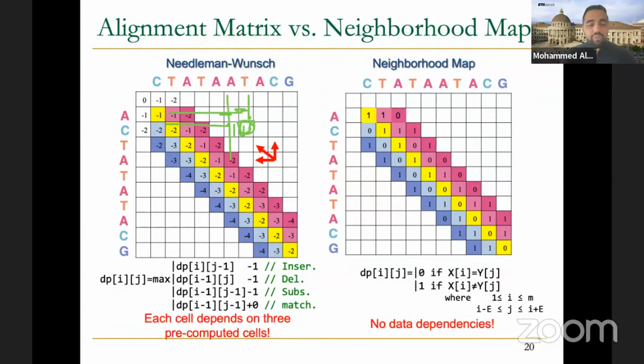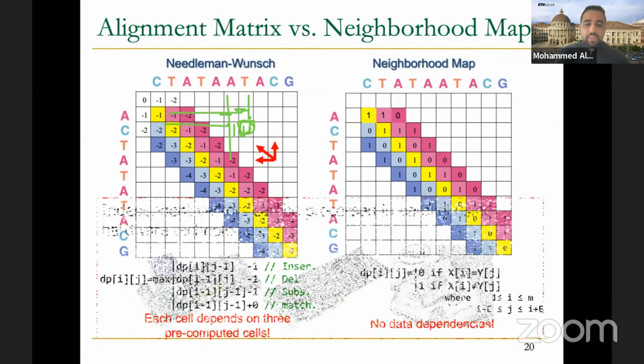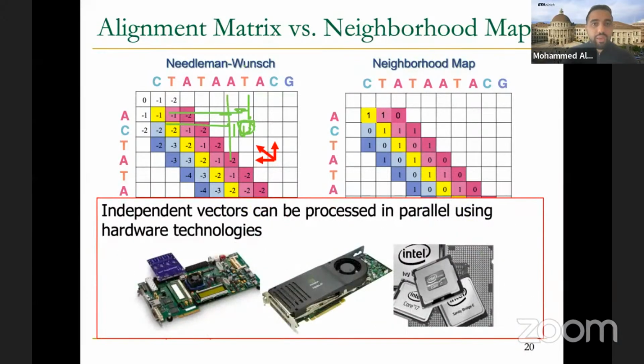What is the benefit of not having any dependencies between these cells when you compute the entire matrix? The nice thing is that you can parallelize everything using today's hardware. In sequence alignment, if you want to do the parallelization, what you can do is solve many problems in parallel, right? So you replicate this module to calculate sequence alignment many times, so you have different pairs operating in parallel.